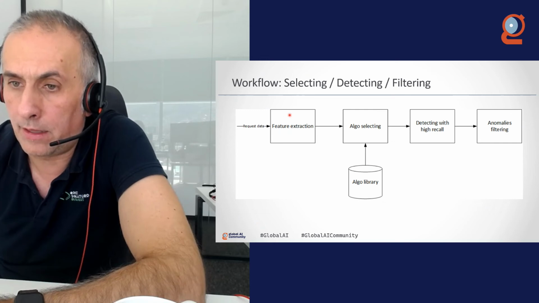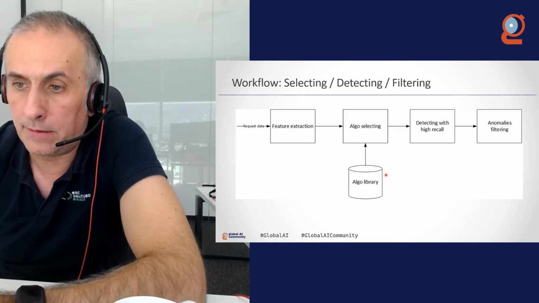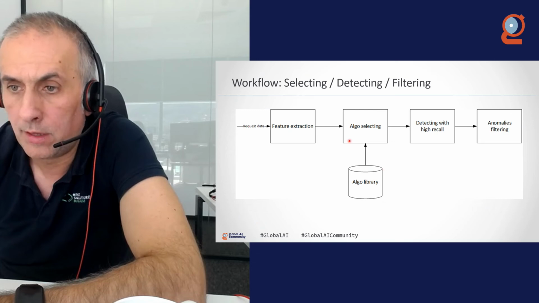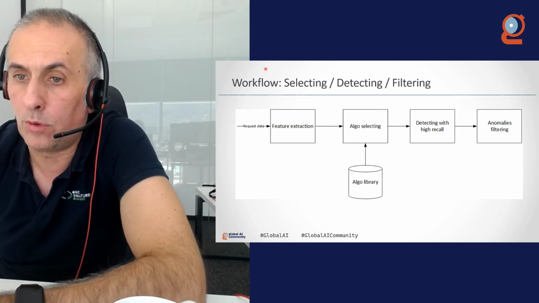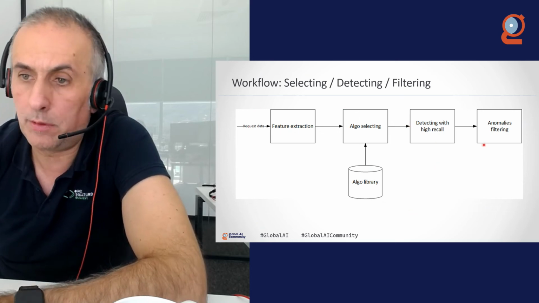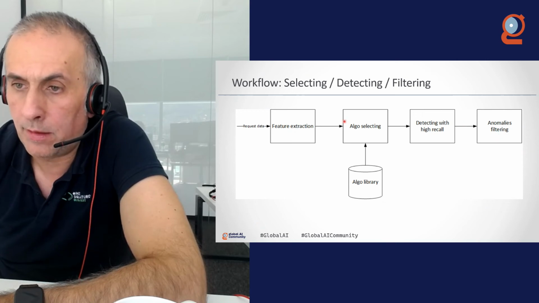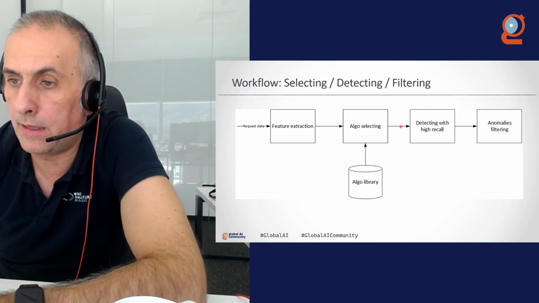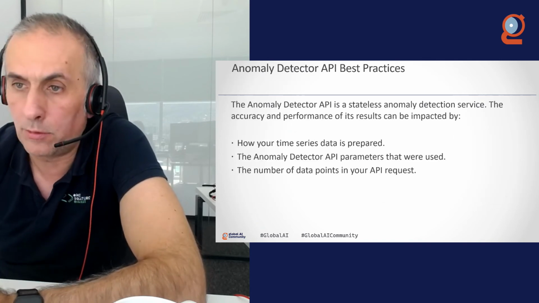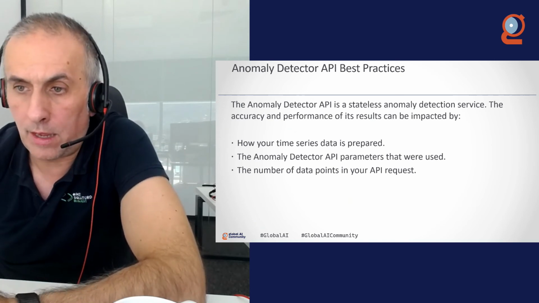We can create time series with specific data from our source solution. We can send it to the API of the Anomaly Detector service, and data will be extracted. There will be internal classifications. An algorithm will be selected, and after several iterations, you will receive the answer: do you have anomalies or not? This is the most important part of how it works.